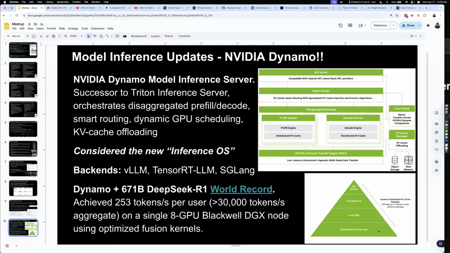Backends that this Dynamo model inference server supports are your familiar vLLM, TensorRT-LLM, and SGLang. So these are now considered backends to the front-end model inference server, and you can plug these in. Something very interesting if you look through the Dynamo source code, which is an open source project, by the way, I should probably make that clear: you will see that Dynamo's default backend is actually not their own TensorRT-LLM, it's vLLM.